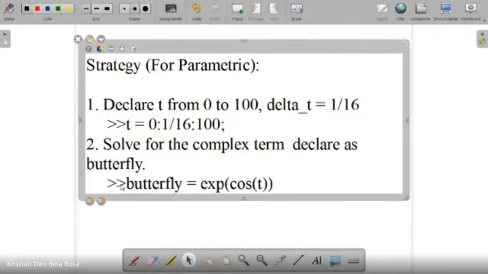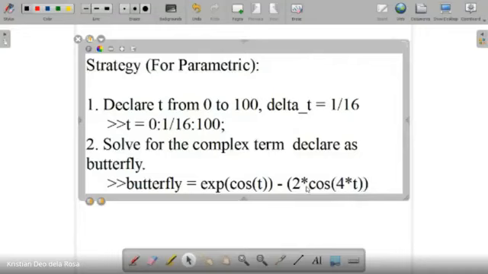Pero yan, cosine of t minus, so huwag tayong mahihiya sa paggamit ng ating parentheses because one group of parentheses makes a huge difference. 2 times the cosine of 4 times t.